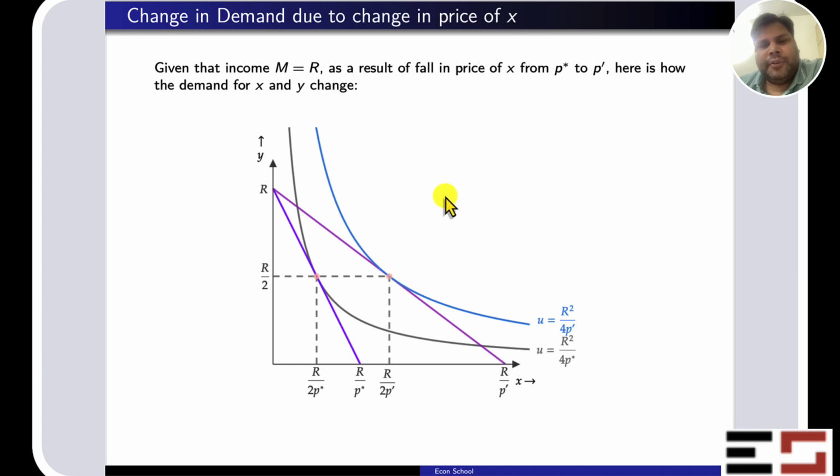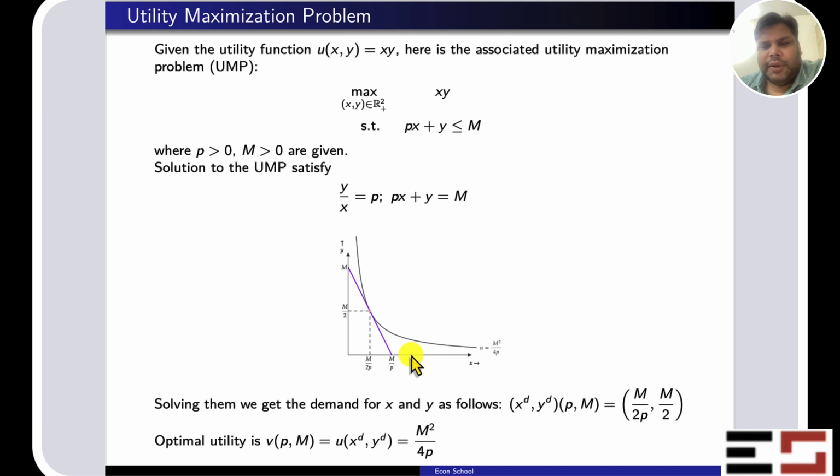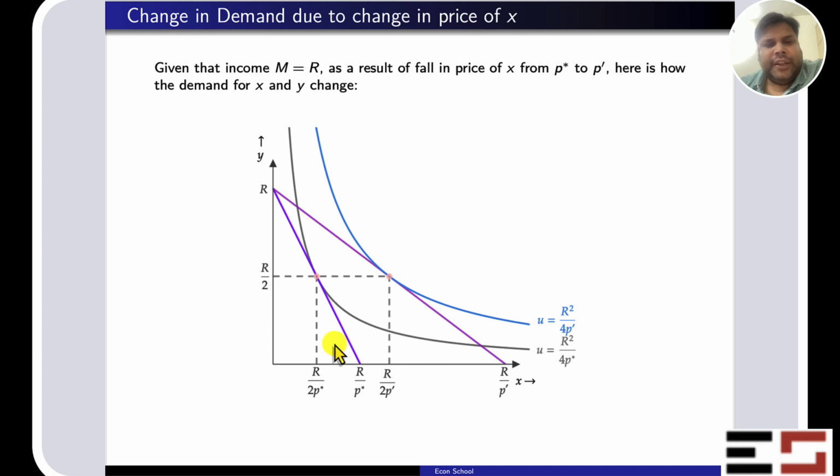Again, to figure out this point, you can simply plug in R and p prime in place of m and p respectively in this particular expression. So you will get that the demand for x changes from R by 2p star to R by 2p prime, and the demand for y stays at R by 2 as a result of the change in price from p star to p prime.